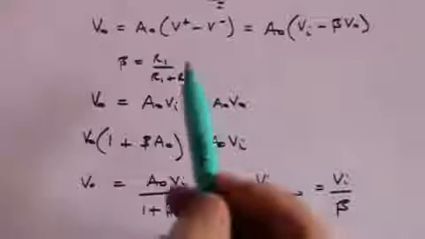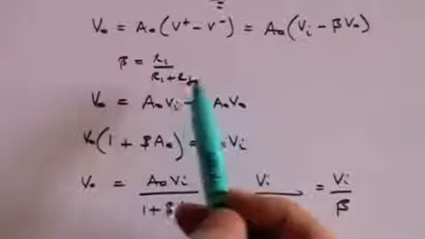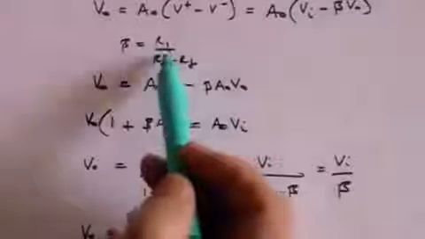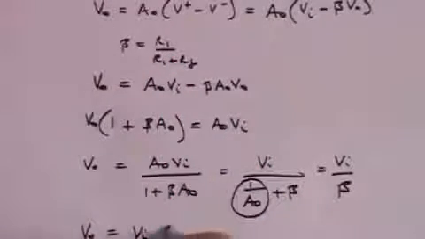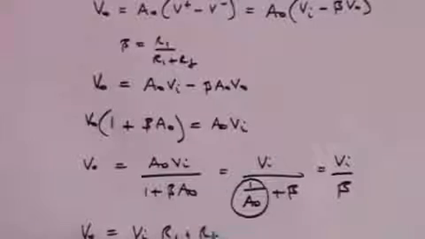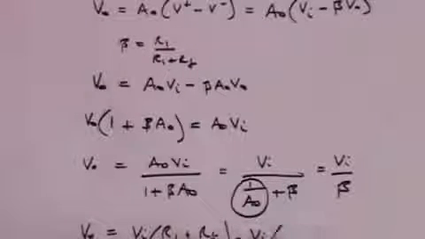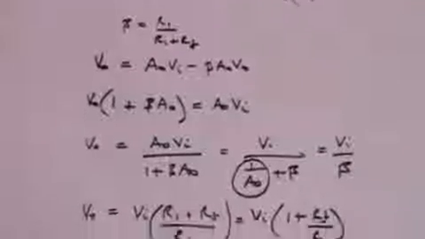But beta, we've already shown, is R1 over R1 plus RF, and so V0 is V in times the inverse of beta, which is R1 plus RF divided by R1, which is V in into 1 plus RF over R1.